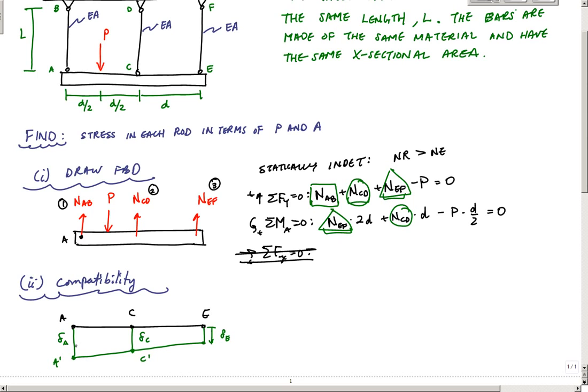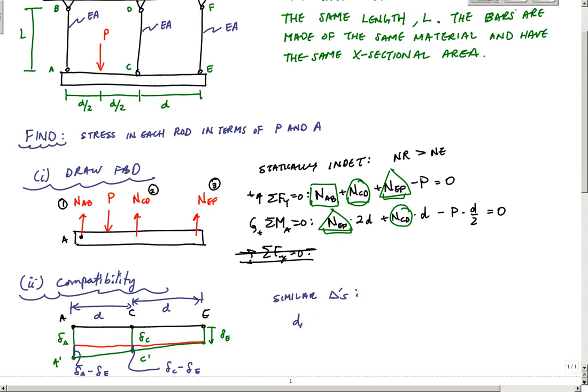If I just do a straight line across, that location there is delta C minus delta E, and this right here is delta A minus delta E. And I know this is a distance D, and this is also a distance D. These are all distances D.